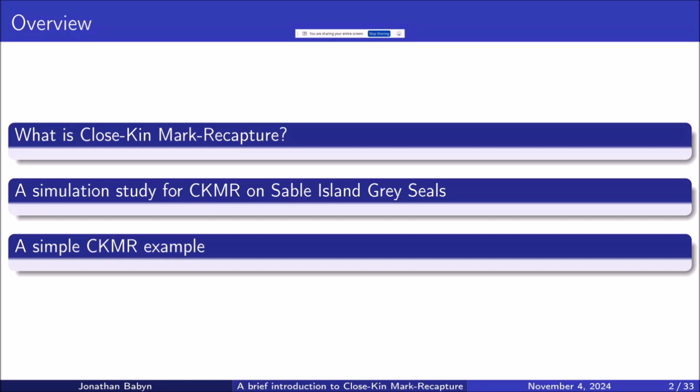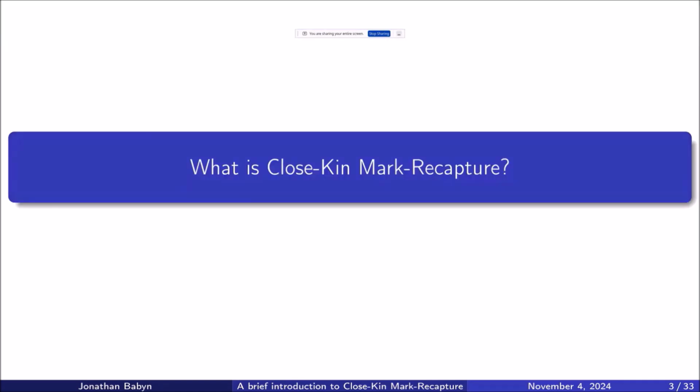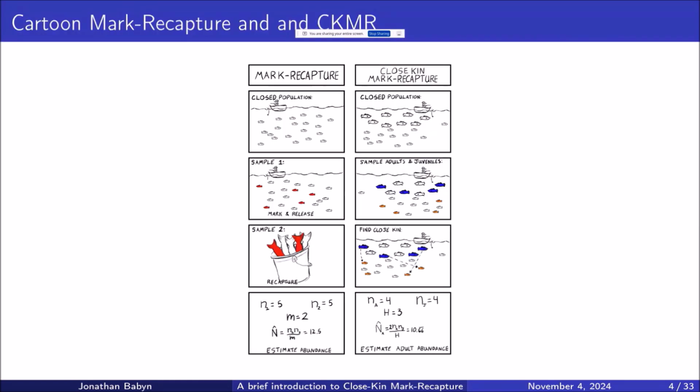This talk is mainly focused on the modeling parts of close-kin Mark-Recapture, and less on the sampling design and kin finding process, which hopefully will become a little more clear over the talk. So what exactly is close-kin Mark-Recapture?